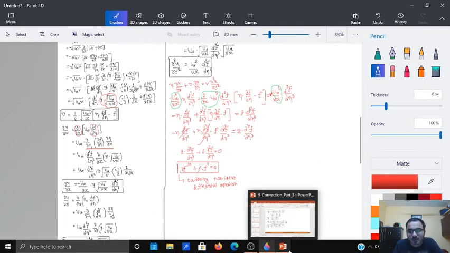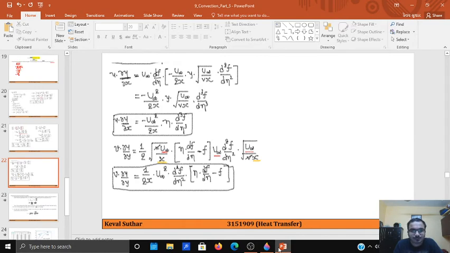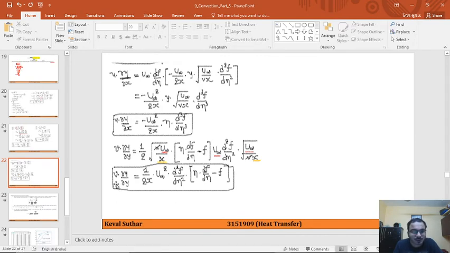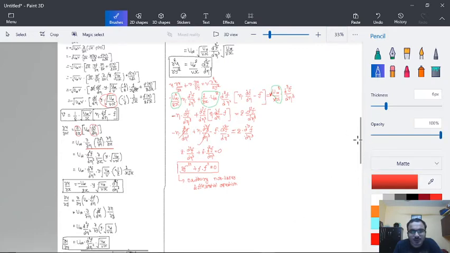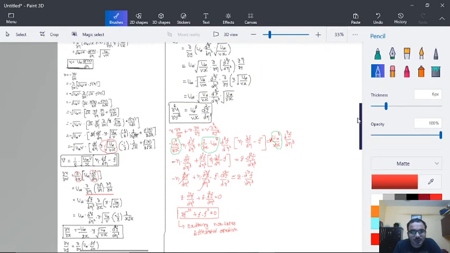So now we can copy this over here. So we have already obtained the value of v into del u upon del y, that was over here, so we can copy this.